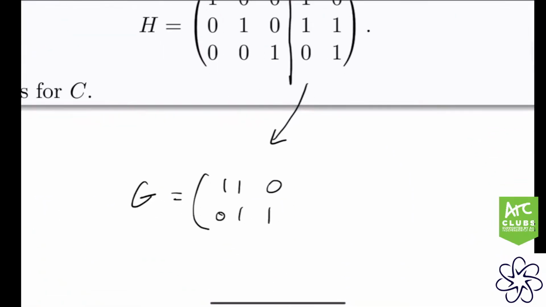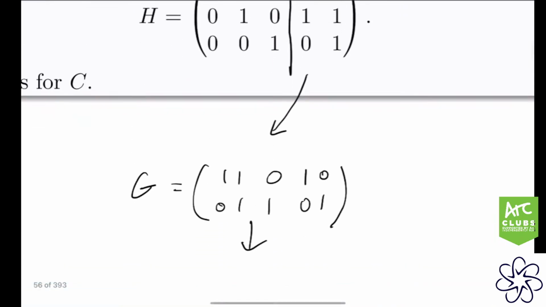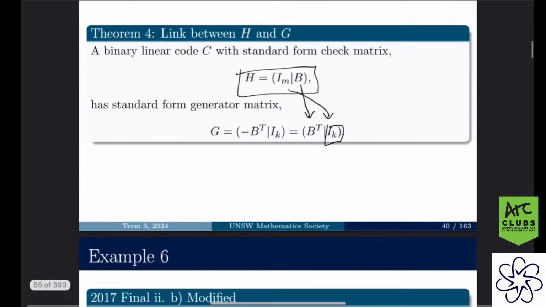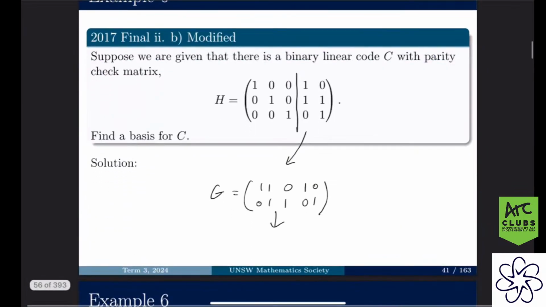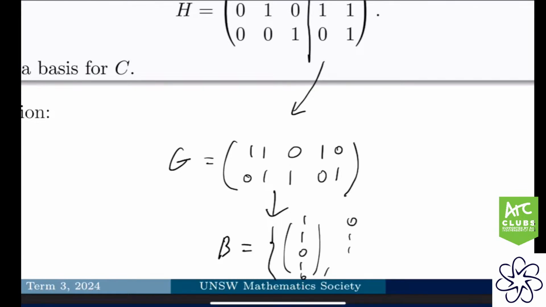So we have k rows here, so it will just be an identity matrix of size 2. B here was just a matrix, not the basis column vectors. But now the basis can be retrieved here. From the generator matrix, we have 1, 1, 0, 1, 0, and 0, 1, 1, 0, 1. Great.